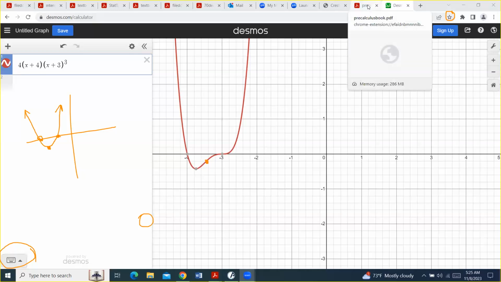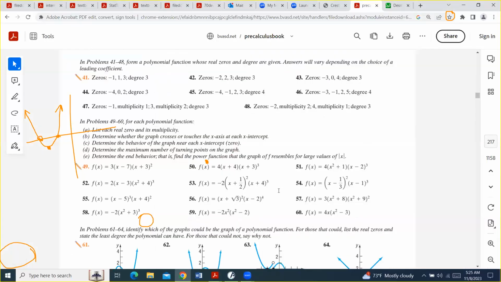So anyways, let's look at the exercise with another degree. I'm not going to try to graph all of them, because we're actually here not to graph, but to find degrees. And I just saw an interesting problem, number 57. In exercise 57, we actually have a power x squared inside the parentheses.